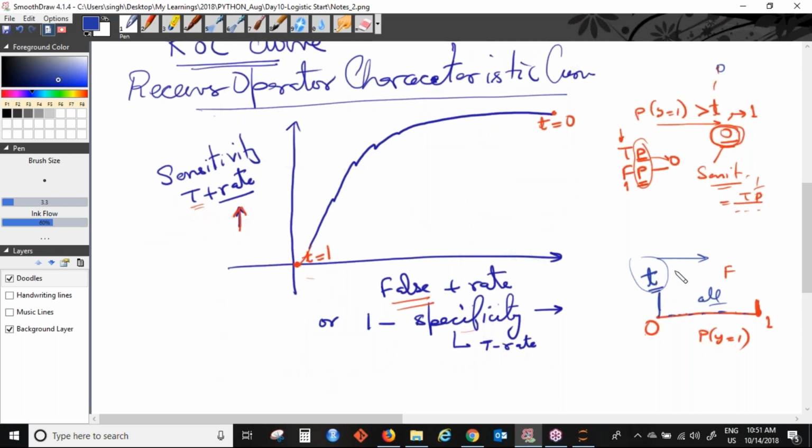So that means even if somebody has 0% chance of having cancer, you are saying he or she has cancer. Obviously, everybody will have above 0% chance of having cancer, right? So that means everybody has cancer, you are saying.